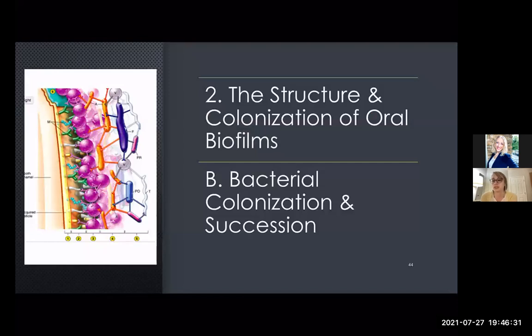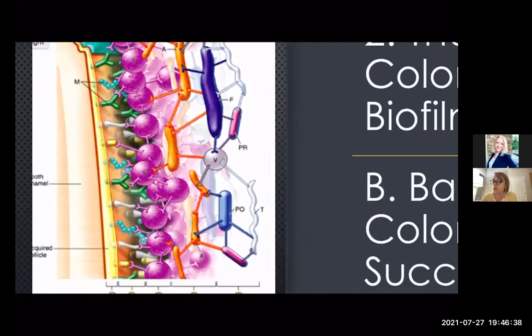So here's a really good picture of what we're seeing. Now I'm going to zoom in, just kidding, on this one. Okay, there we go. So this is our enamel. This is our acquired pellicle. And then these are the proteins that extend from the acquired pellicle. What you're seeing is that first, we've got cocci, right?